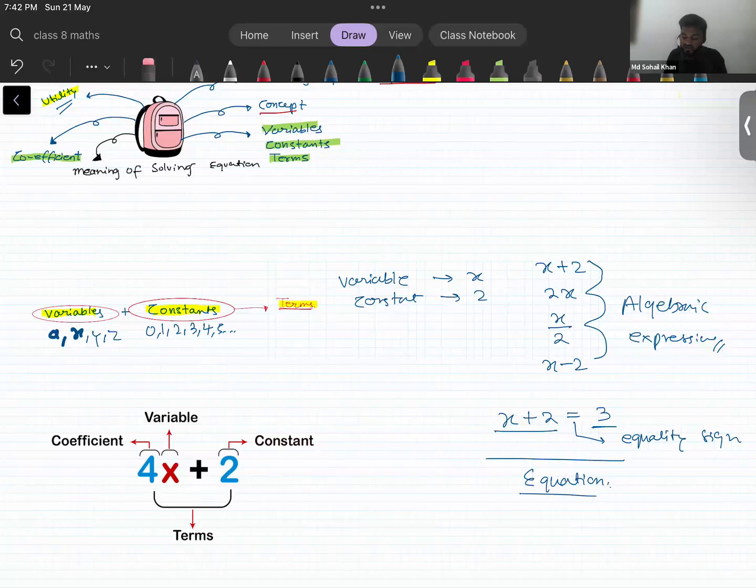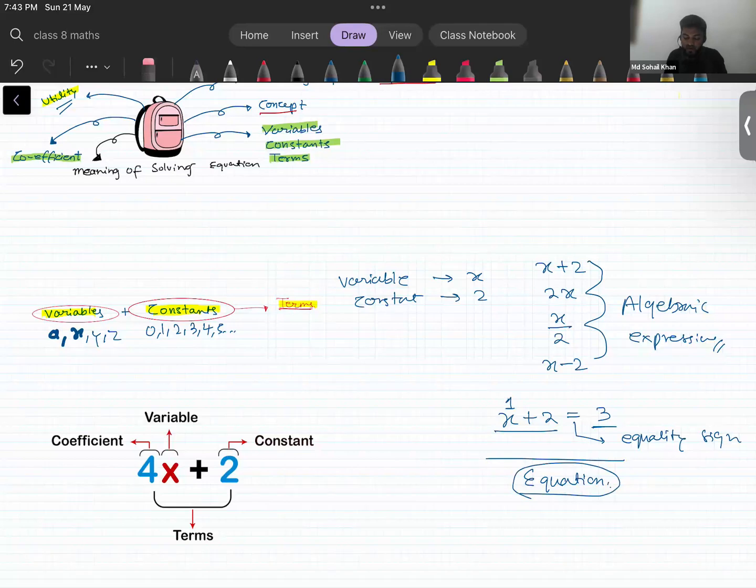There's a hidden value of x here, and if we put that hidden value of x over here, both sides of the equality sign will become equal. If we put 1 in place of x, then it will be 1 plus 2, that is 3, and 3 equals 3.